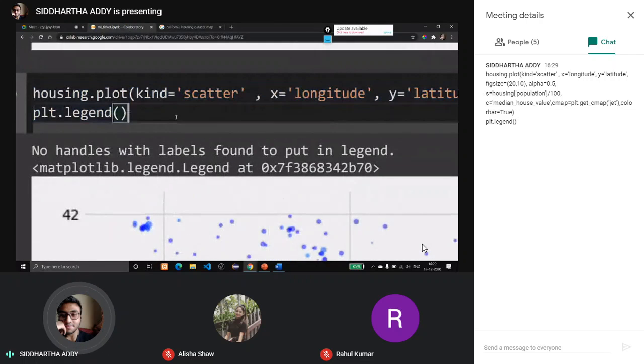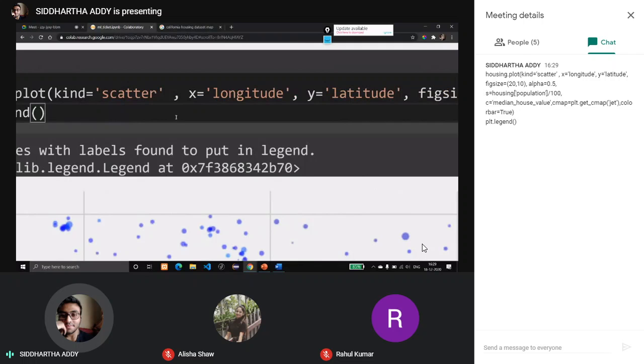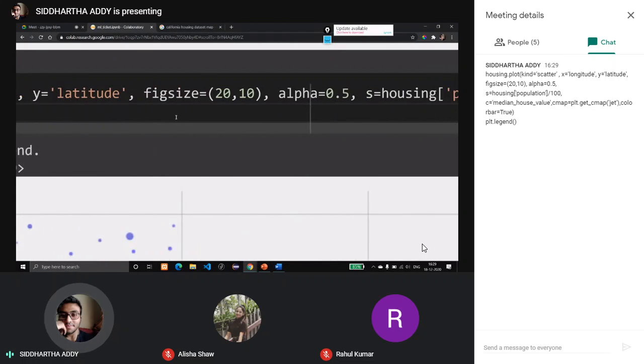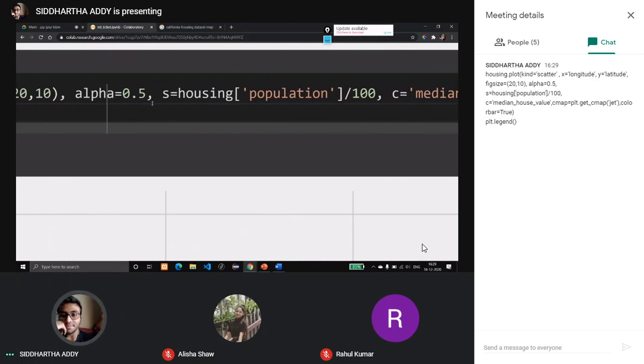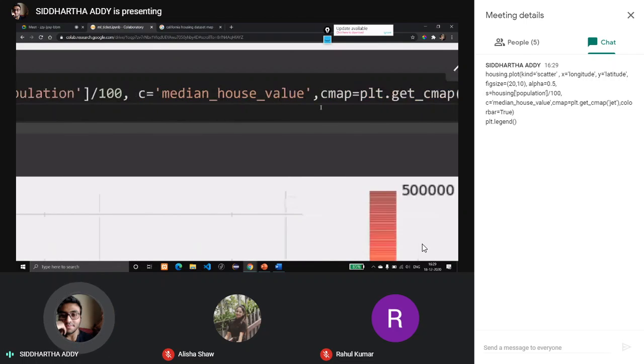We are plotting the data, which is a kind of scatter plot. I am taking the x-axis as longitude, y-axis as latitude. Figure size is nothing to be concerned about, and I am considering a transparency of 50%. S is another parameter that we can use in scatter plots.